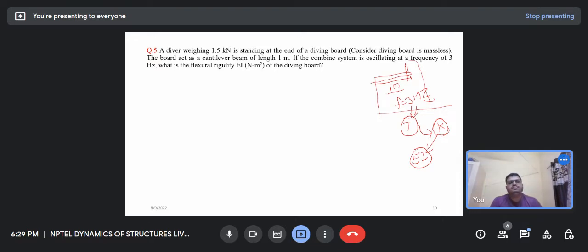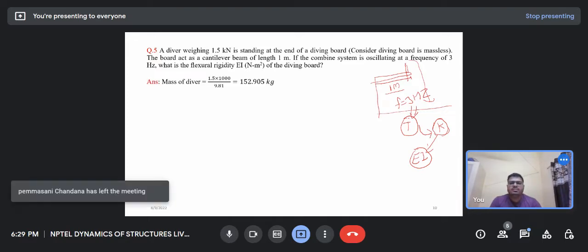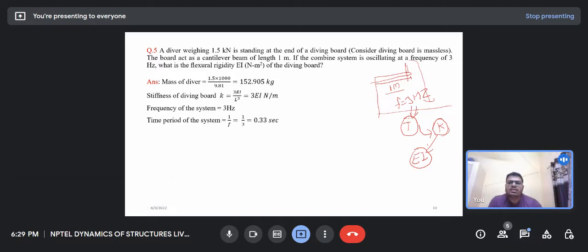The time period is 1 by f, where f is your 3 hertz. Sorry, the time period is calculated as 1 by f. The 2 pi n is another thing that I was considering initially.